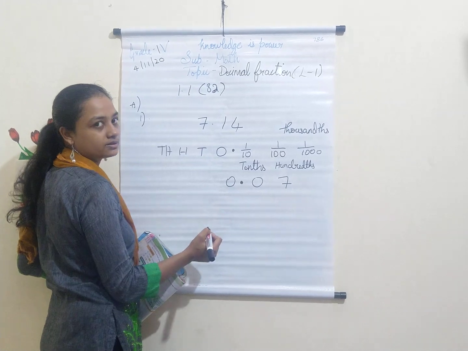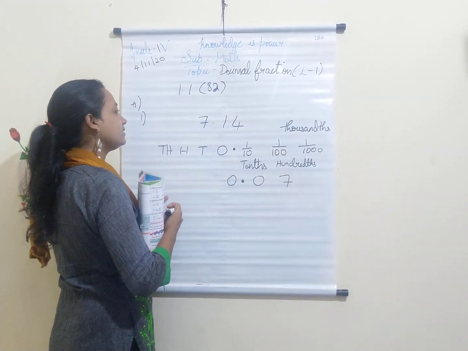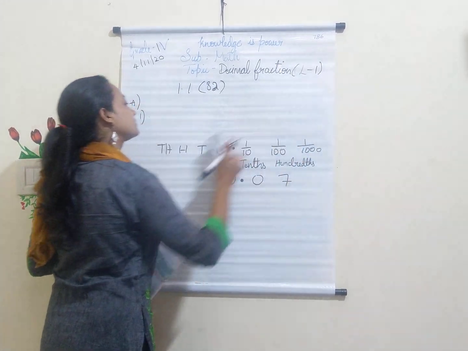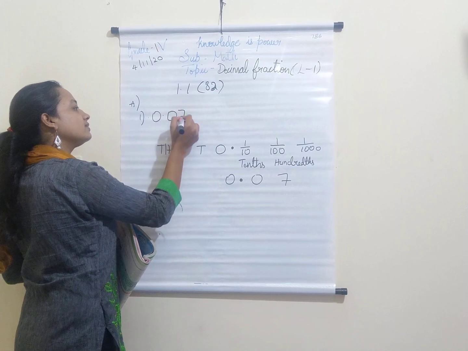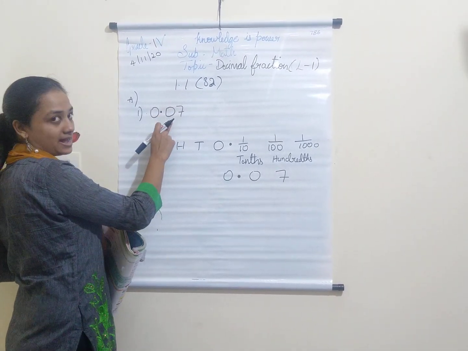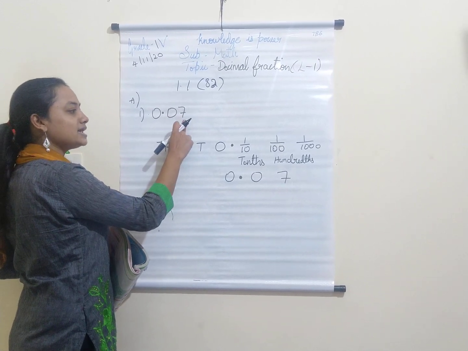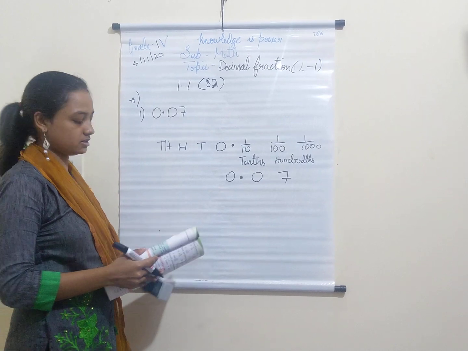So this will be my first answer. So I write it here. The first answer is 0.07. After my decimal, the first place is tenths, the second place is hundredths, the third place is thousandths.